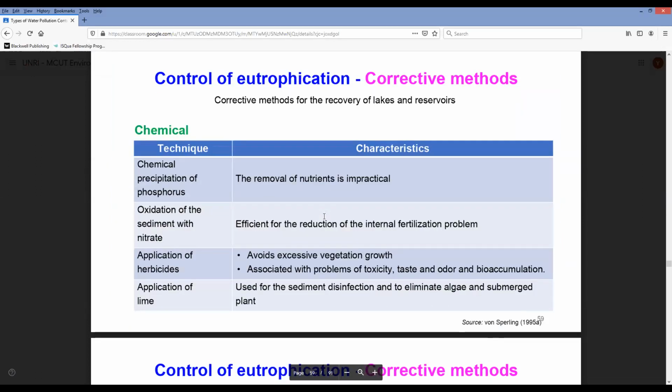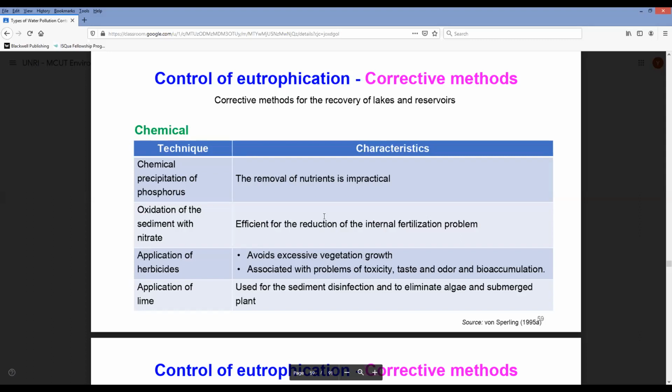And then this comes to the chemical part. This is chemical precipitation of the phosphates. As I mentioned earlier, some researchers add chemicals into the lake, and the chemicals react with some pollutants in the lake and settle down to the bottom.